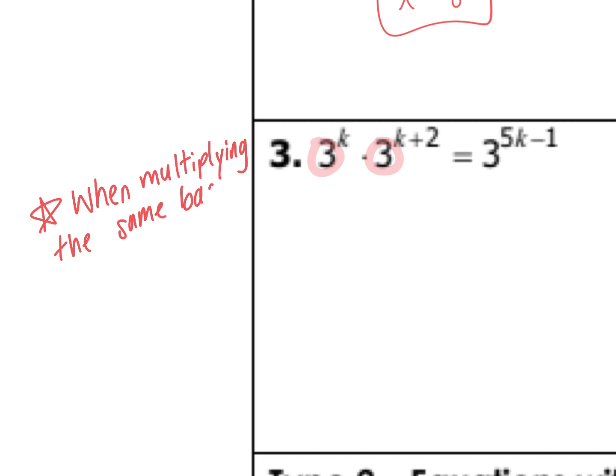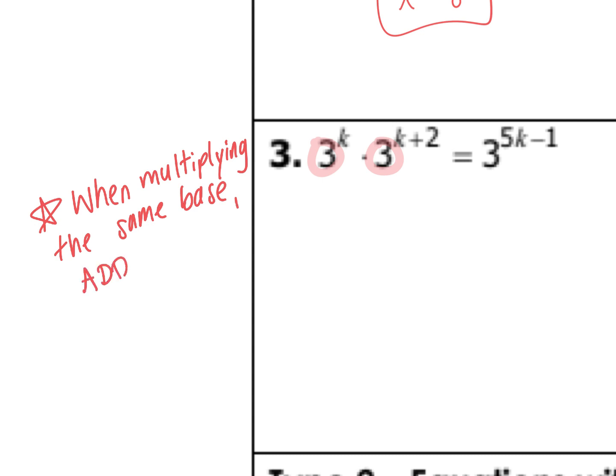What can you do with the exponents if you're multiplying the same base? Add them. Good, Romeo.